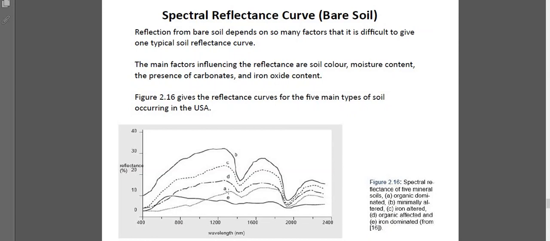If you see the response curve of soil A, organic dominated, its response is a little bit lower, but it is higher after the middle of NIR, and its response is highest at the end of NIR. So if we see a similar response, that will be organic dominated soil.